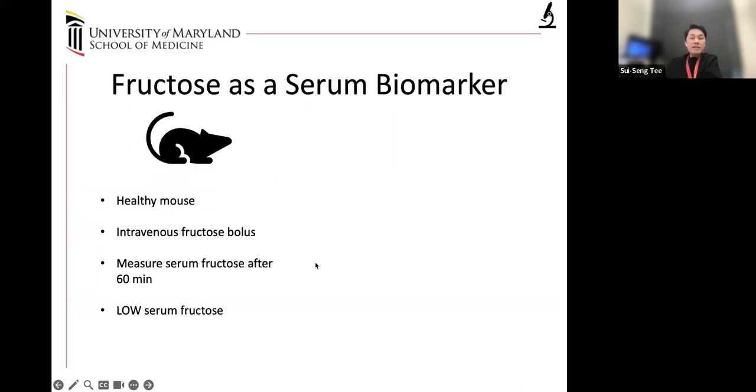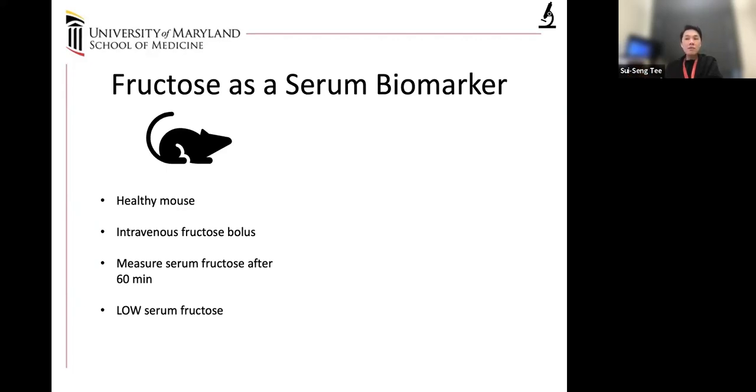Besides MR, I also wanted to ask, can circulating fructose in the serum be used as a biomarker for injured liver tissue? Right now it is really hard to diagnose patients that have simple steatosis, where the liver is just fatty, versus patients who have inflammatory liver conditions such as NASH.